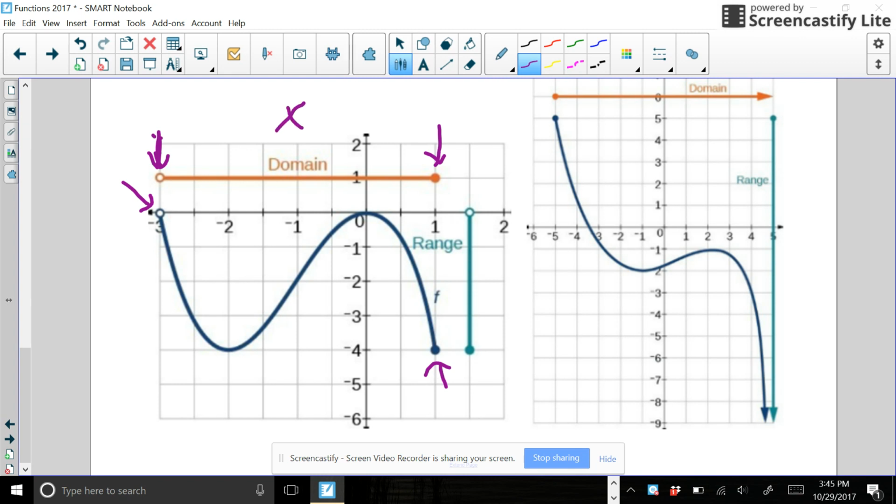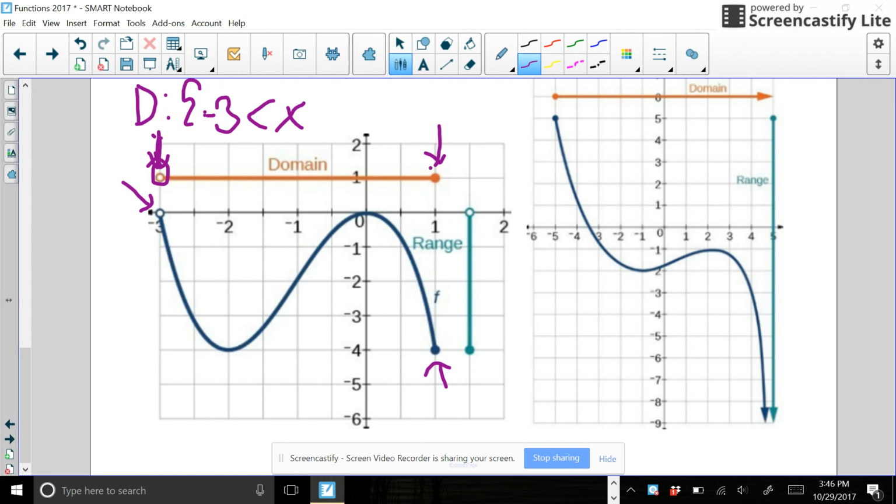If we set up an inequality for our domain, it is going to be our x values. So they go from -3, way over here. That's an open circle, so it is strictly the x's that are greater than -3. So -3 is less than x.